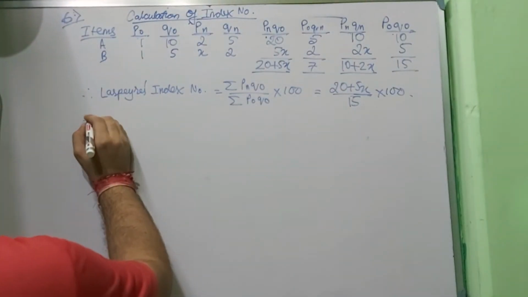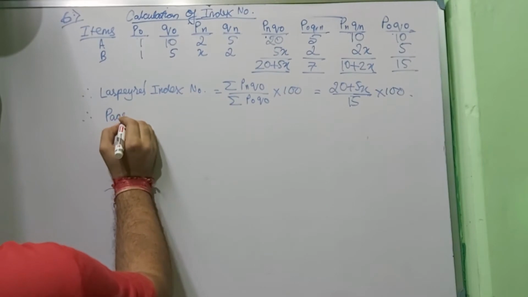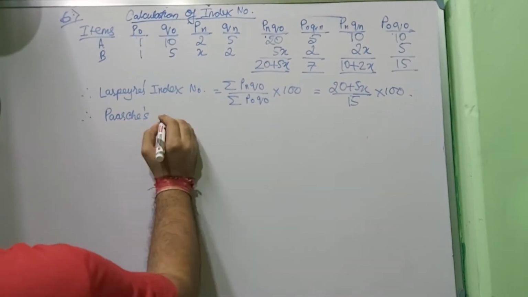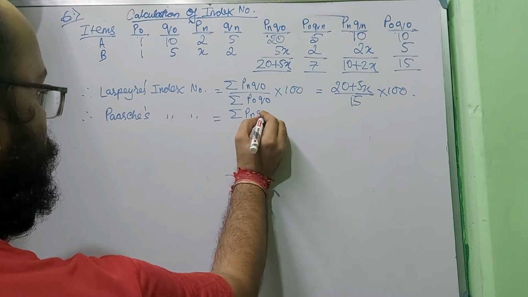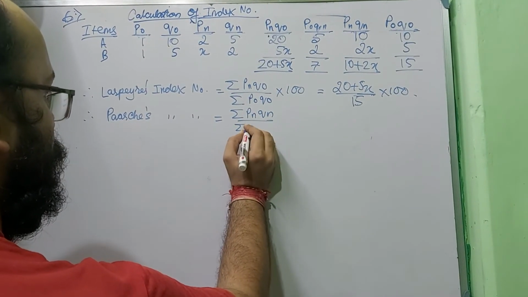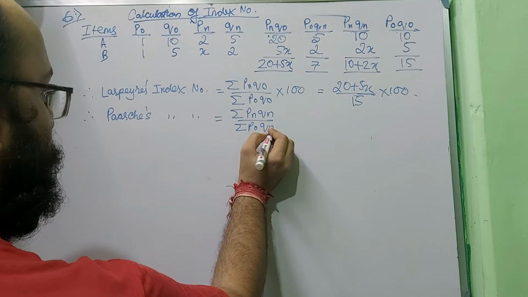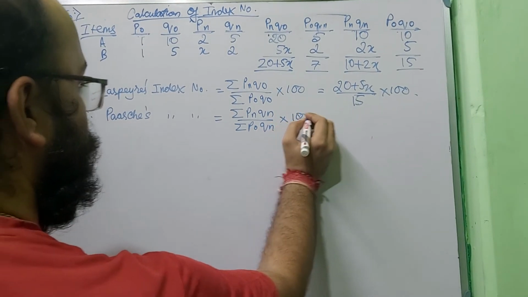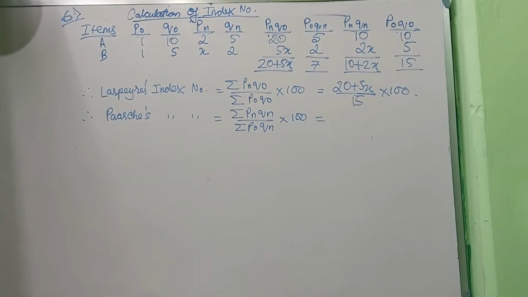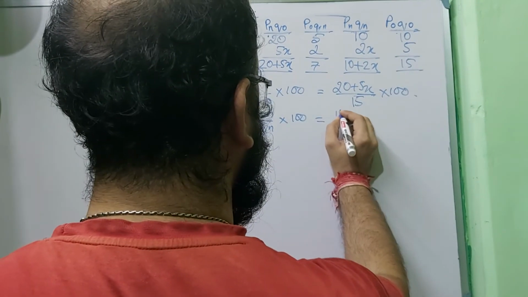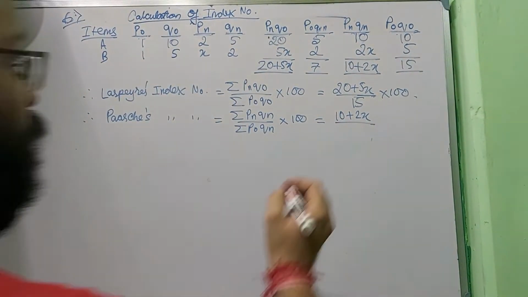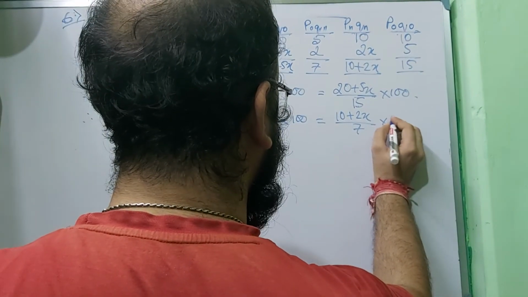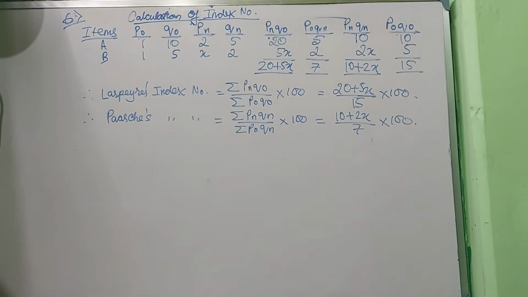Now Paasche: summation of Pn Qn by summation of P0 Qn into 100. Pn Qn is 10 plus 2x. P0 Qn is 7, into 100. Okay?